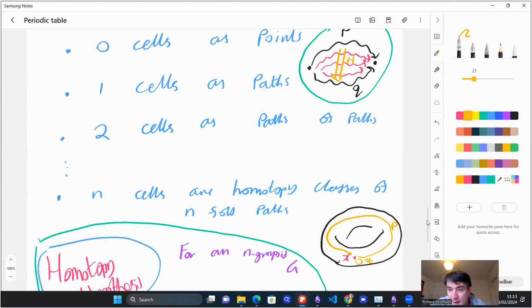Sometimes you're going to have a homotopy between those two different paths. Sometimes you're not. Like there's no homotopy between this P and this Q. And so you can organize these different paths from X to X into homotopy classes, the classes of paths that are equivalent, that can be deformed into each other.